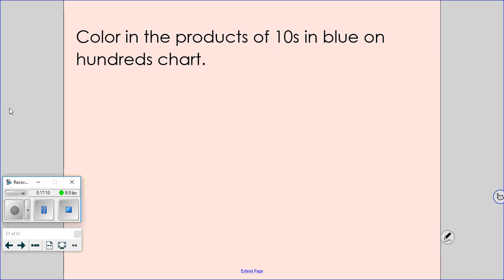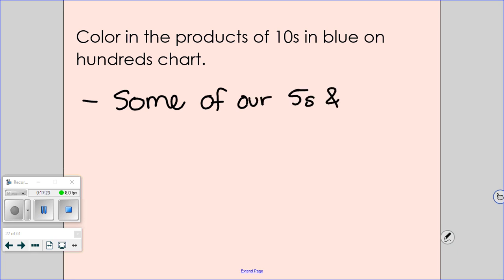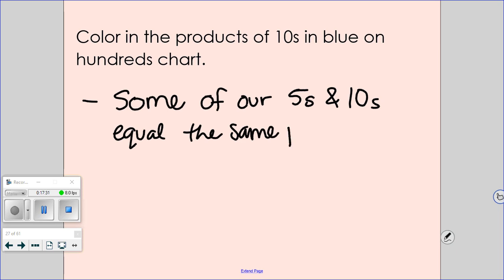Okay, so we know that some of our 5s and 10s equal the same product, right? If they're colored the same color, then they are equaling the same product.